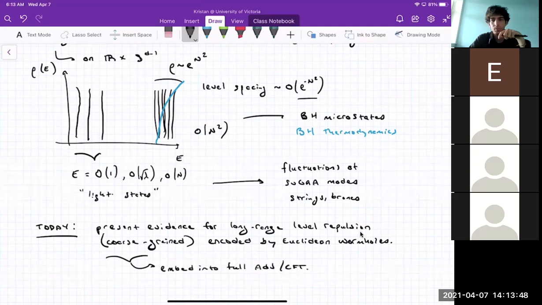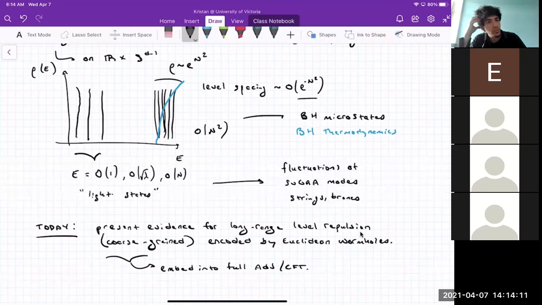And the other consequence of this is that because we arrive at a way to talk about wormholes in AdS, well, these wormholes, I'll present evidence that they encode something very nice, level repulsion, which is something that one expects, as I'll review shortly.